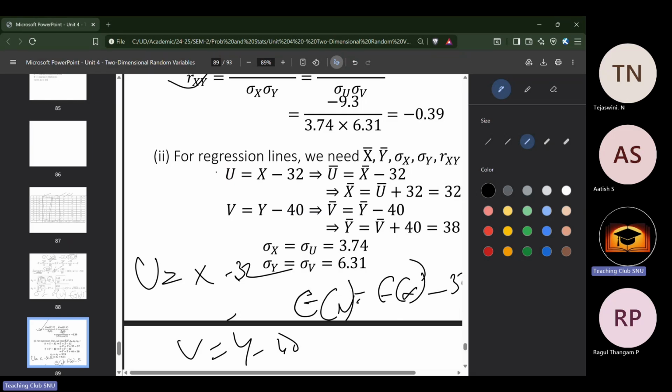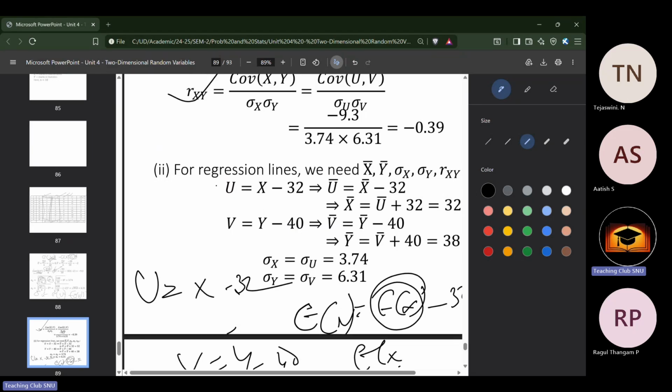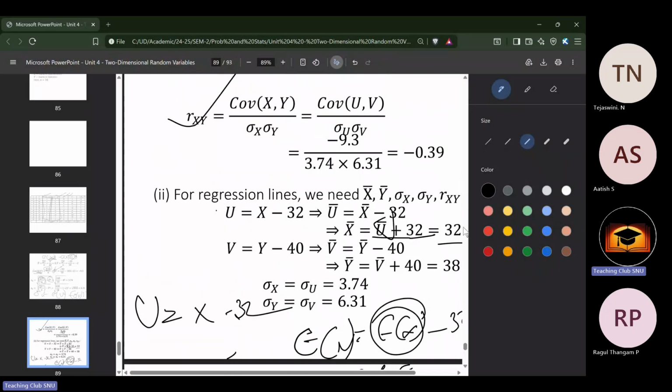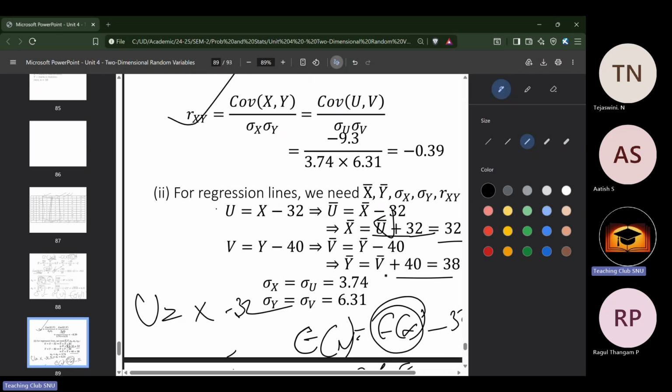So x bar is nothing but u bar plus 32. I know what u bar is, I can just substitute as it is. Similarly, I substituted v is equal to y minus 40, so v bar is equal to y bar minus 40. So y bar is equal to v bar plus 40. Very easy. I know v bar, I can just substitute.